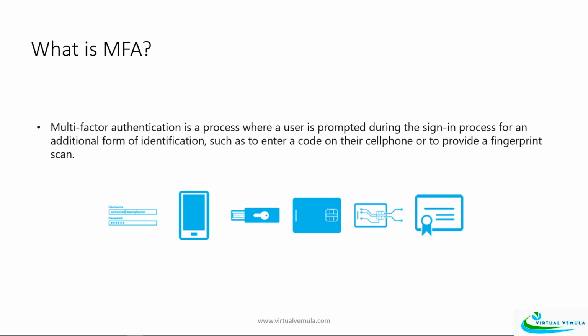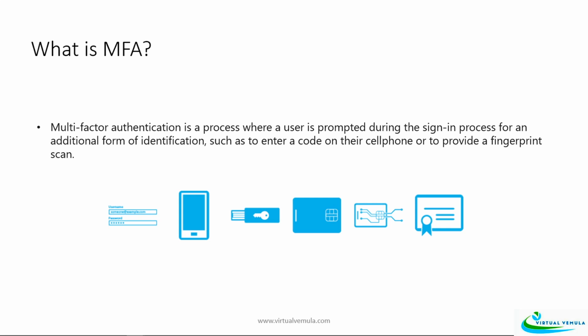Now, if the user is prompted with additional identification information, apart from the user ID and password, then obviously we call it multi-factor authentication. Then what is that additional authentication that is needed, or what is that additional information that is asked?